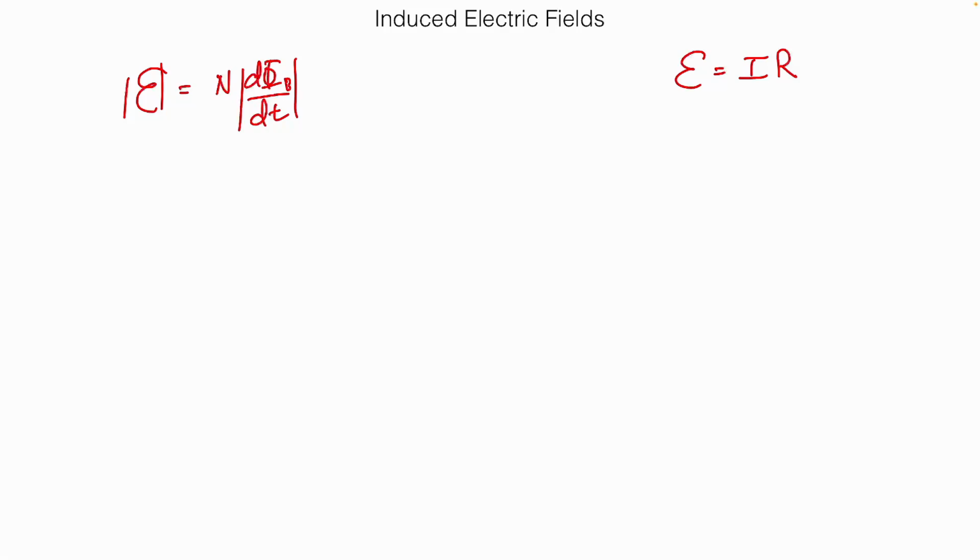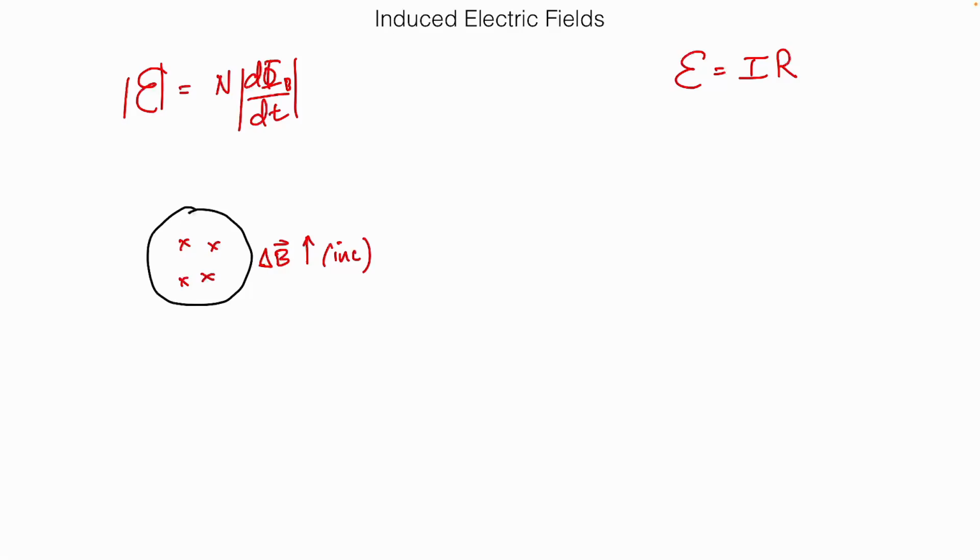So here's a coil of wire, and if we've got a magnetic field that's changing, and that magnetic field is increasing, Lenz's law will give us a direction that the coil will produce a current in order to fight the change in flux through it.